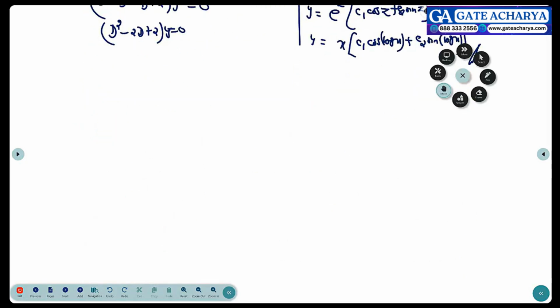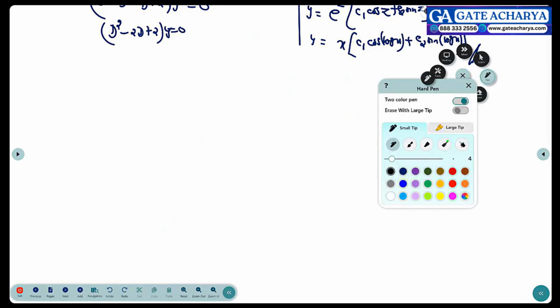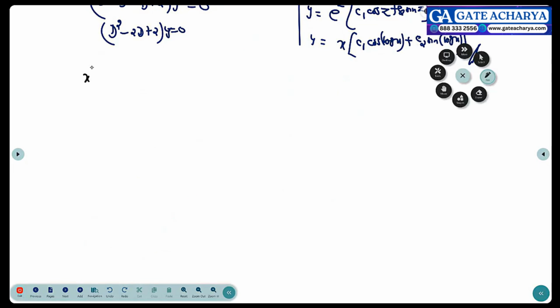Okay, now I have a GATE question. Consider the differential equation x square d square y by dx square plus x dy by dx minus y is equal to 0.